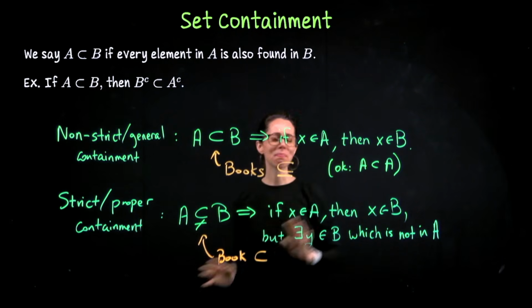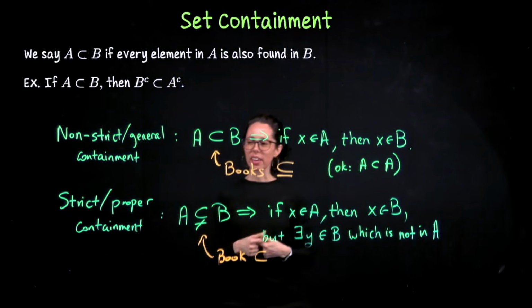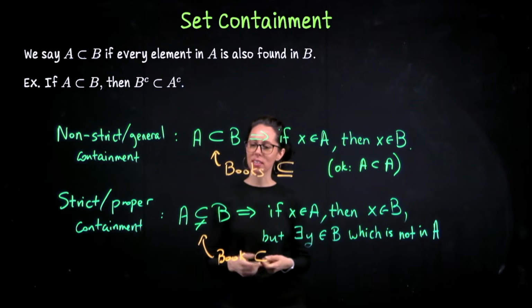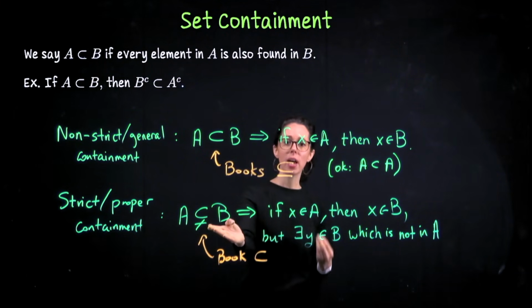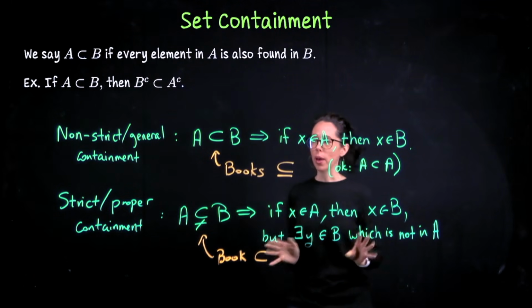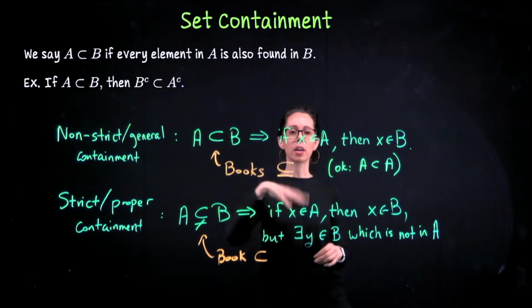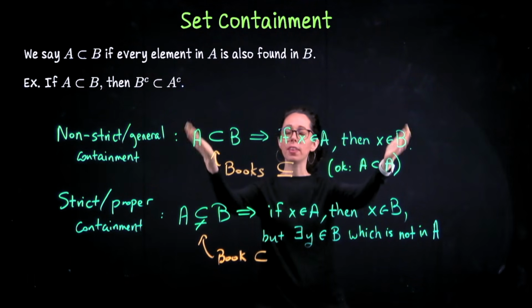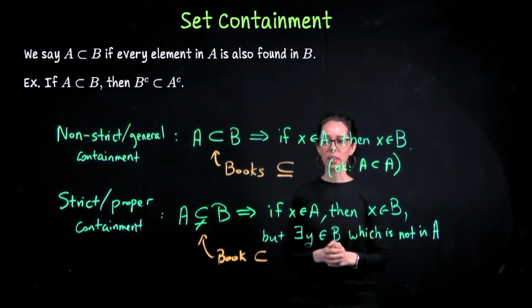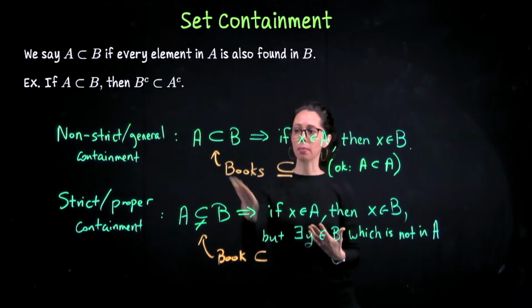And again, I can't think of any situation where I'm going to need to insist on proper containment, but if I do, I will highlight that. I will use a symbol like this, and I will stop and talk about it. So anytime I write subset or talk about set containment, I just mean this and pretty much only this. If x is in A, x is in B, and that's the only implication that I'm trying to establish with this notation.